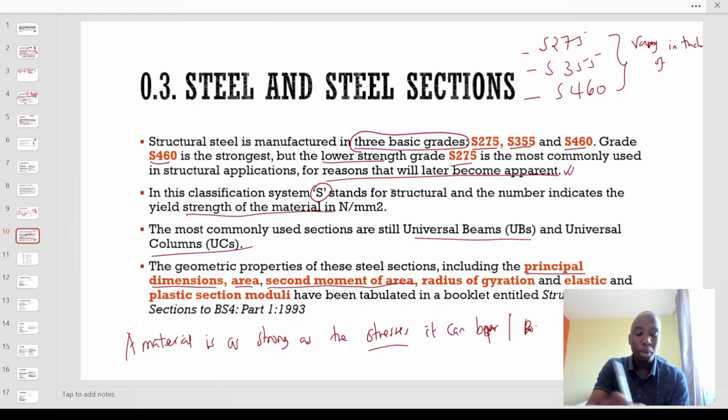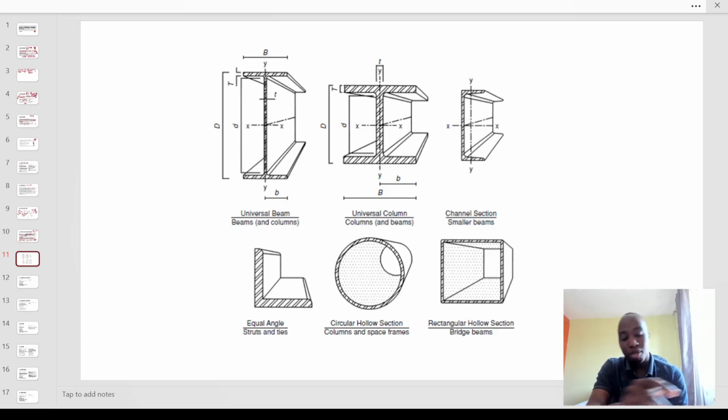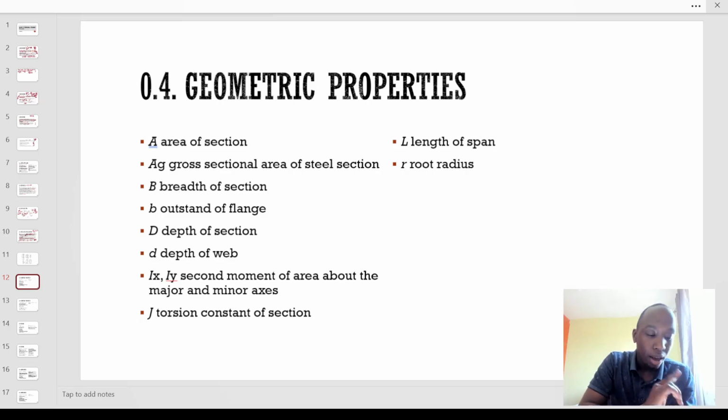Properties of sections: principal dimensions, area, second moment of area, radius of gyration, elastic and plastic section moduli. They have also been tabulated in BS, and I have brought some of the images here for us to see how to go about them with their conventions.